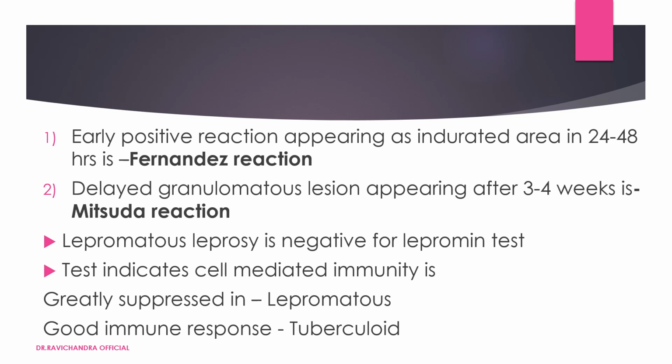Lepromatous leprosy is negative for lepromin test, and this test indicates cell-mediated immunity. Greatly suppressed in lepromatous and good immune response in tuberculoid leprosy. Remember, I for immune response and in tuberculoid there is an alphabet I. So there is good immune response in tuberculoid leprosy.